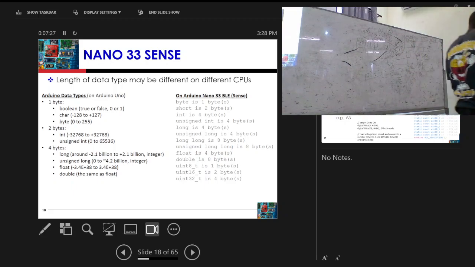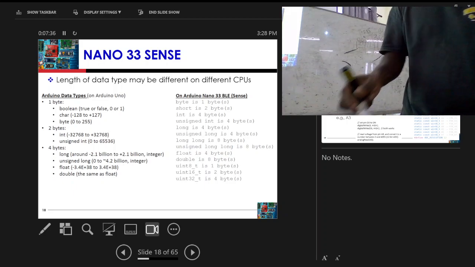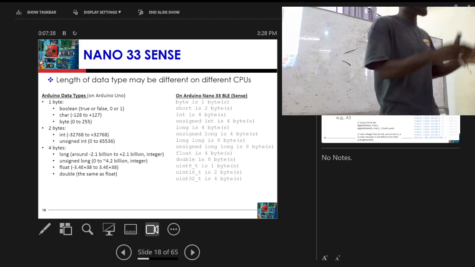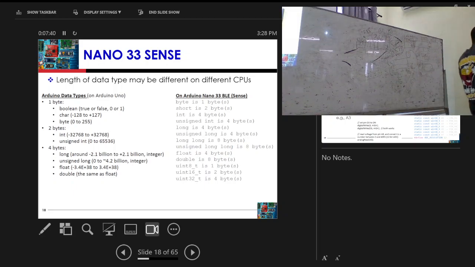So now the only thing to pay attention to is that we have data types. Each Arduino board has its own data types and the amount of space each data type stores. Very, very important. If you take the Arduino Uno, 1 byte is just 8 bits.